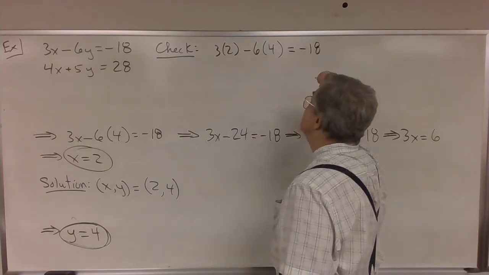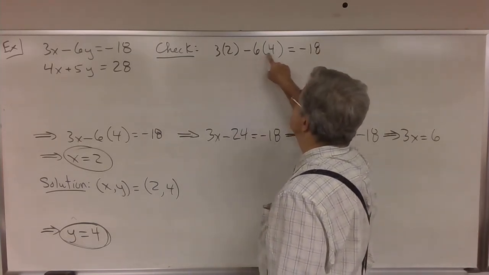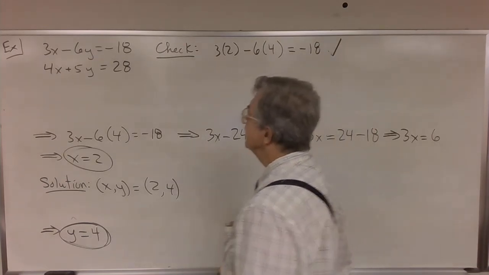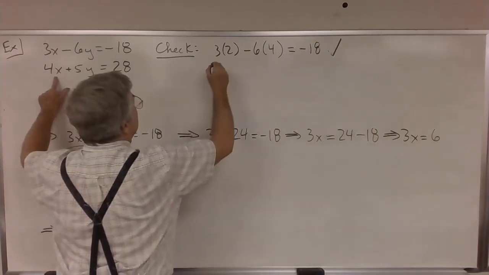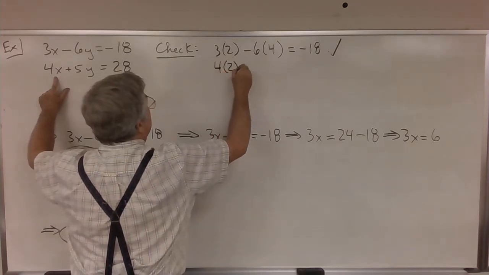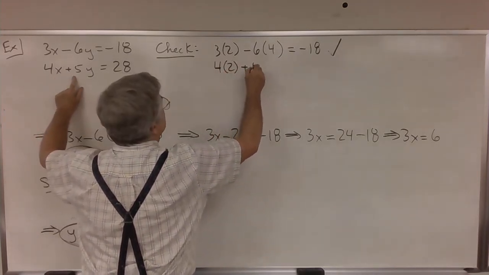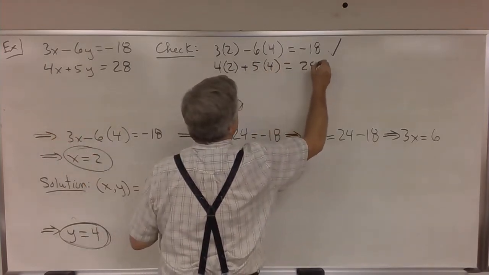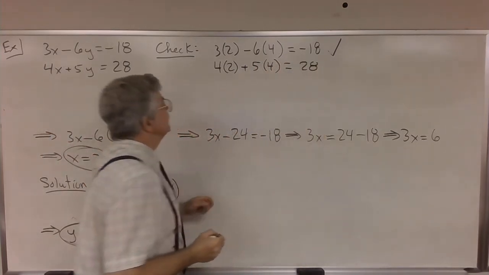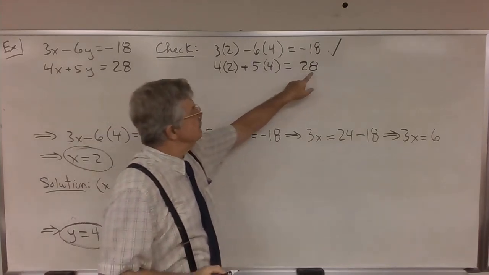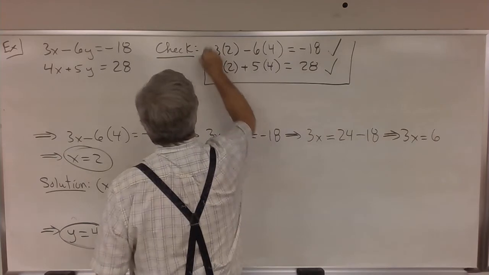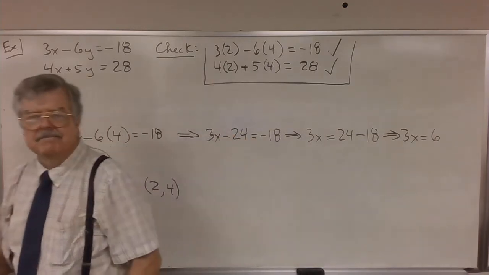Let's see. 6 minus 24 is negative 18. Okay. So far, so good. 4x plus 5y equals 28. Let's see. 8 plus 20 is 28. Okay. Congratulations. We've done it.